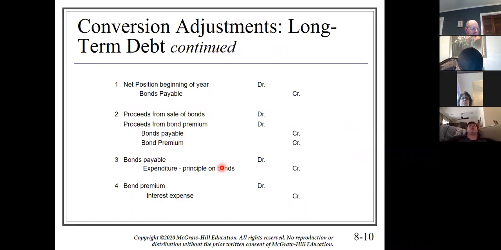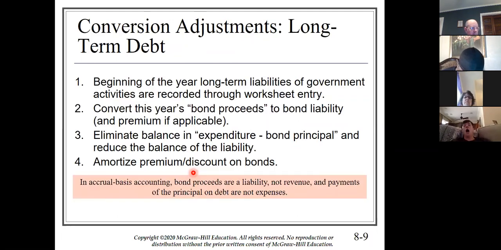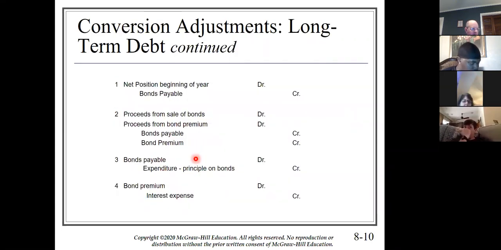Then if they paid back bonds in the governmental accounts, they recorded it as an expenditure and not as a reduction of the liability.